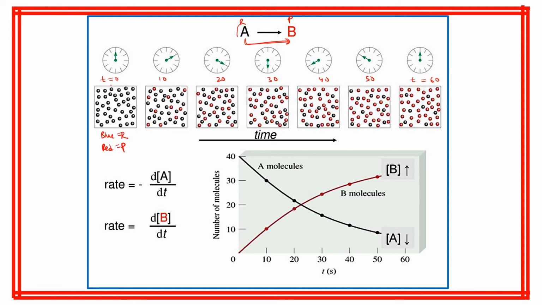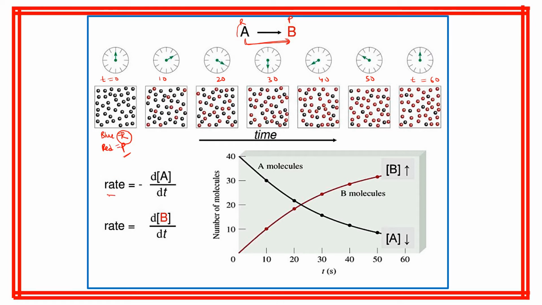With respect to time, the reactant concentration, that means the blue color molecules, are decreasing, and the red color, which are the product molecules, are increasing. So this graph shows that the reactant concentration is decreasing and the product concentration is increasing with respect to time.